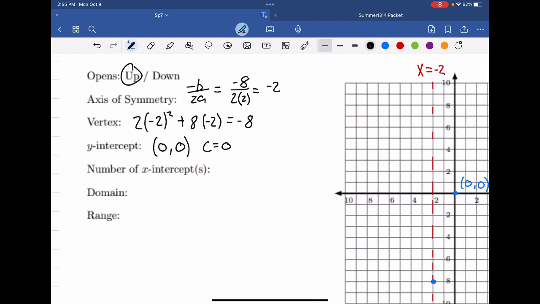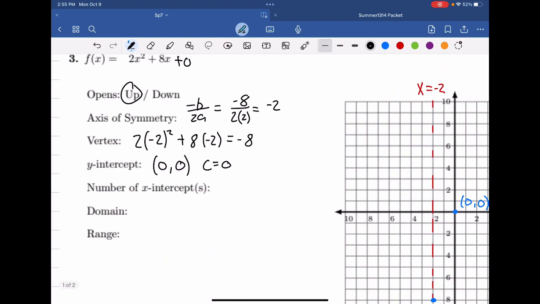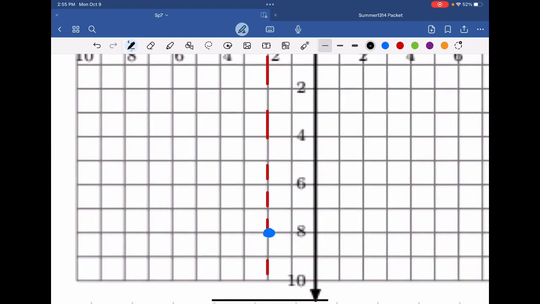So I also have already found the vertex. Remember, we plug in our x value for our axis of symmetry into the original function, and I got it to be negative 8. So all the way down there. So again, this one is negative 2, comma, negative 8, because that's x, comma, y.